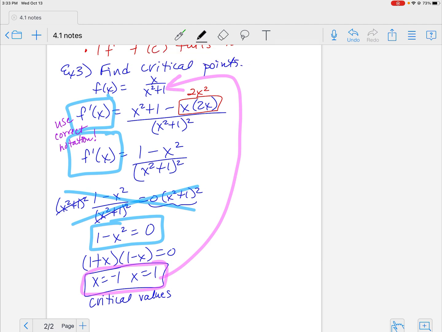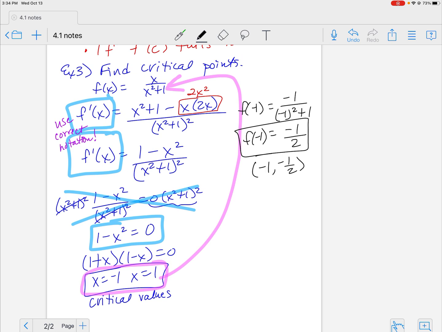So I'm looking at f of negative 1. Plug that in: negative 1 over negative 1 squared plus 1 is negative 1/2. There's one coordinate point, right? So this is a way to write a coordinate point. You could also write negative 1, negative 1/2 as a coordinate point.